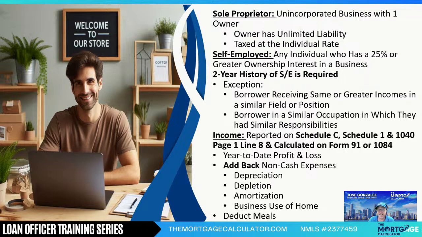And then that net income from Schedule 1 will be transferred to page 1, line 8 of the 1040, right? That's where you're going to go. So if you reverse engineer it and you see an income on line 8, page 1 of the 1040, then the next thing you have to do is, okay, let me look for a Schedule 1. Let's see where the income streams are coming from for this borrower, and then according to the Schedule 1, one of the entries should be for a Schedule C.